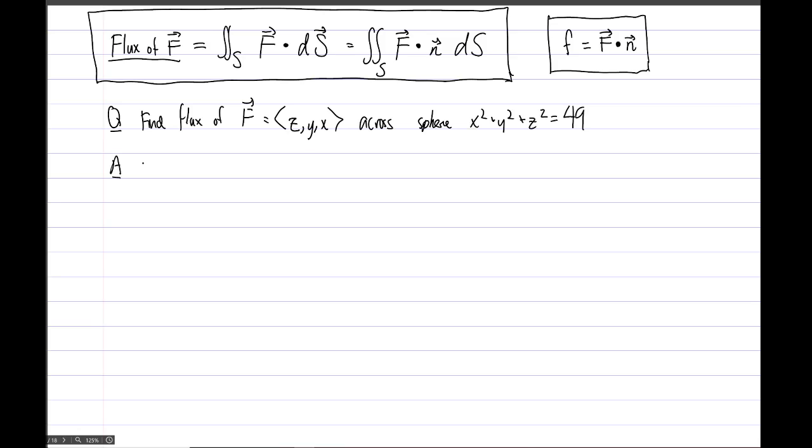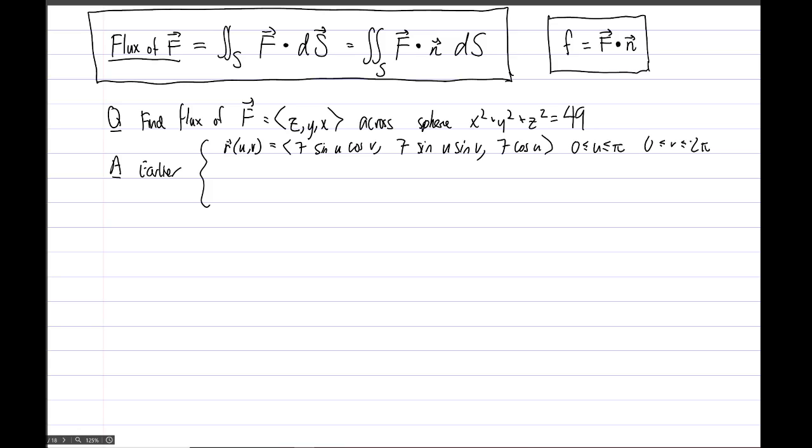Actually, earlier we had parametrized, so r of u comma v is equal to angle bracket 7 sine of u cosine of v comma 7 sine of u sine of v comma 7 cosine of u, for u going between 0 and pi, for v going between 0 and 2 pi. So we're just borrowing the parameterization that we had earlier.